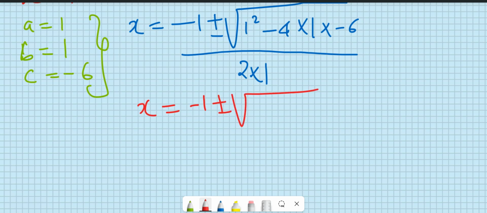1. But remember, this was in brackets because it's 4ac. So 4 times 1, 4 times negative 6 is negative 24, times negative 1 is positive now. So it's 1 squared, which is 1, plus 24, then divided by 2.